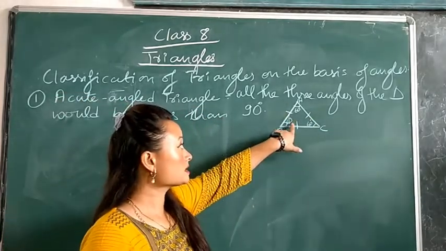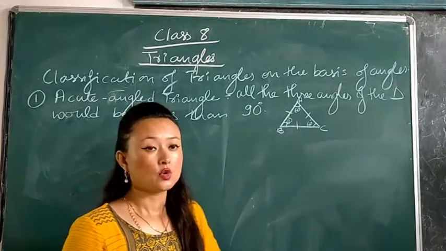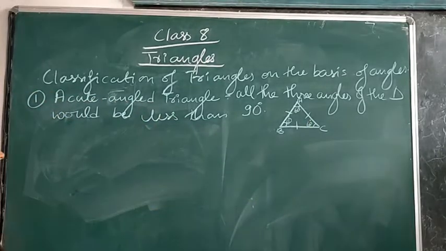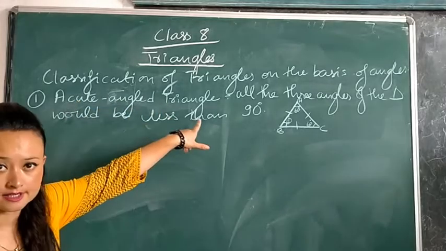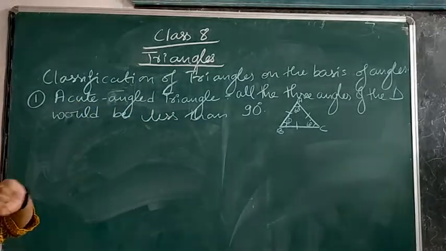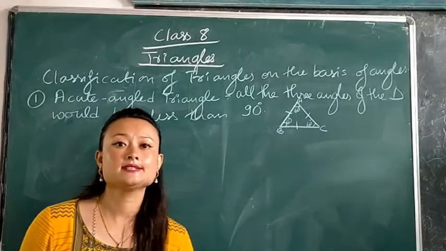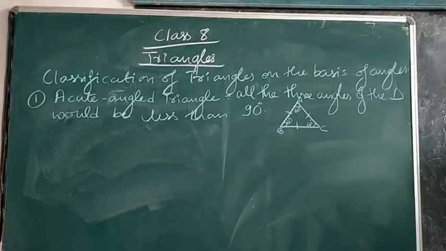So an equilateral triangle can be classified as an acute angle triangle, because all the 3 angles are less than 90 degrees. That means all the three angles are acute.